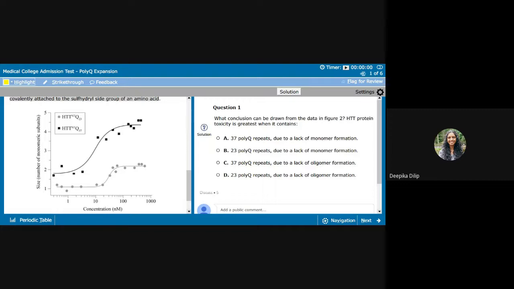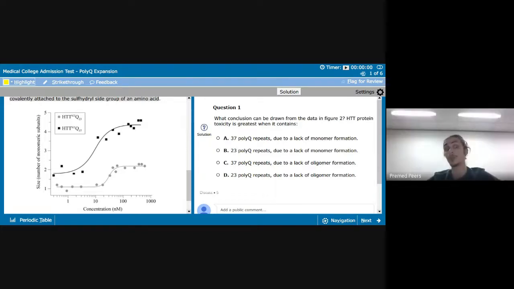I don't even know if I'm interpreting this right. As the number of 23 glutamine repeats increases, you have a size jump, but not considerably compared to 37. I'm not sure if I'm interpreting this right.